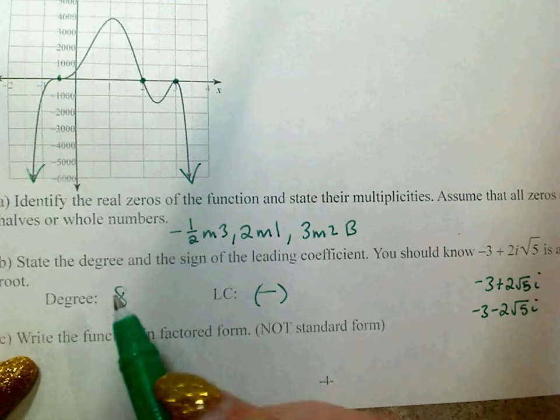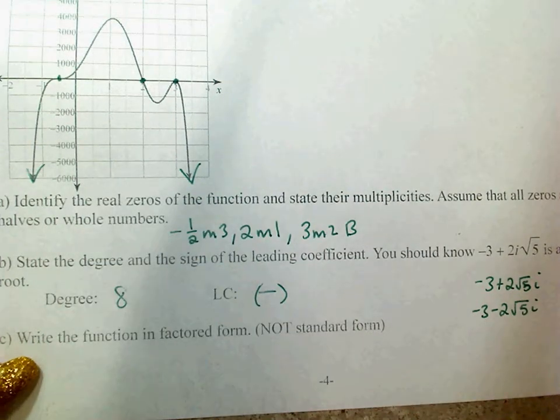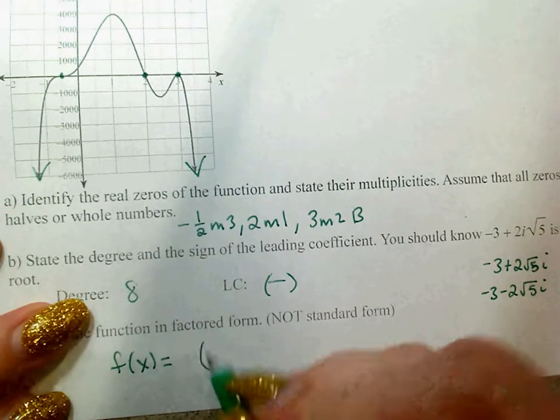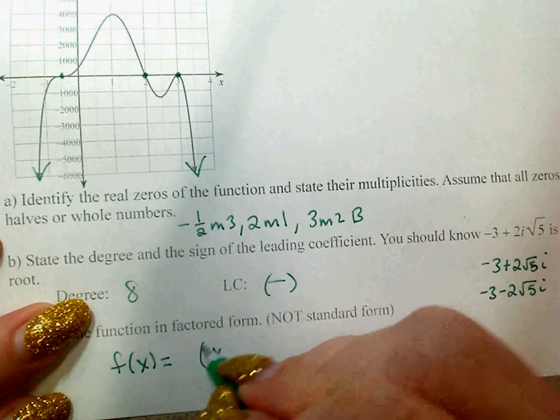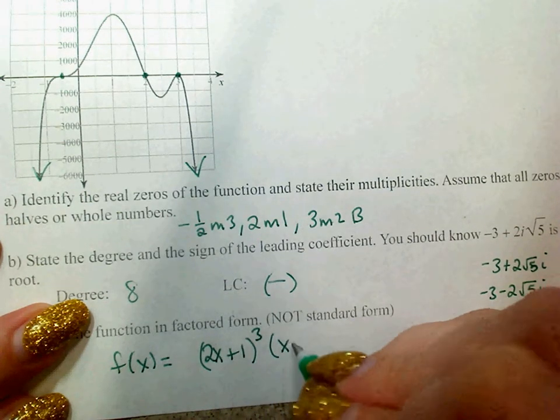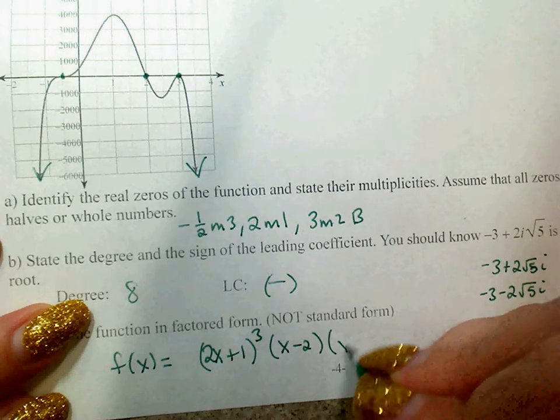So write the function in factor form. F of x equals. So with a negative 1/2, it's x plus a half, or 2x plus 1 cubed. With a 2, it's x minus 2. With 3, it's x minus 3, and then multiplicity 2, squared.